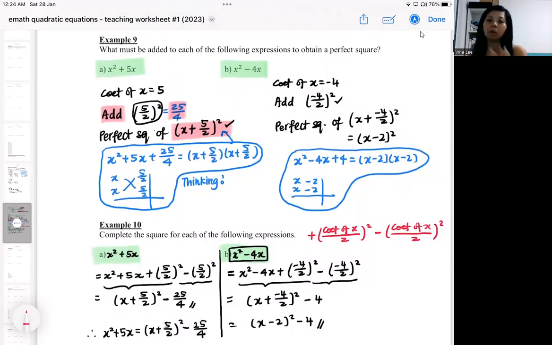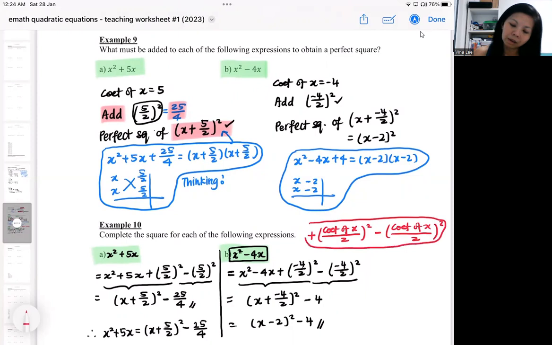That part will create a value 0. So this part is to ensure that you didn't disturb the balance of the expression. So this part is actually a 0. That's exactly what you will be doing a lot of the time when you try to complete the square. So maybe you have to try slowly on this part first.